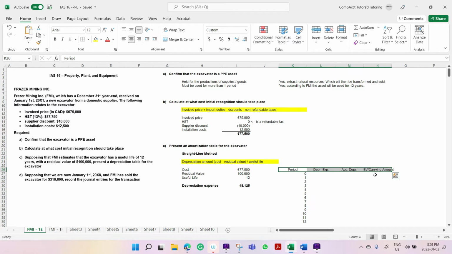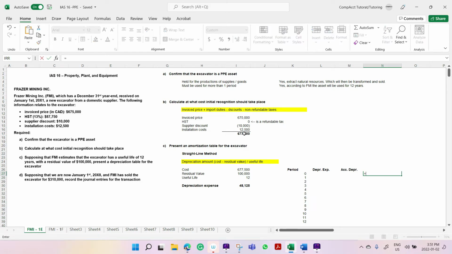Perfect. Let me create a better table here quickly. Our carrying amount at the start is obviously the initial cost. Then for each period we know that our depreciation expense is the same, 48,125.